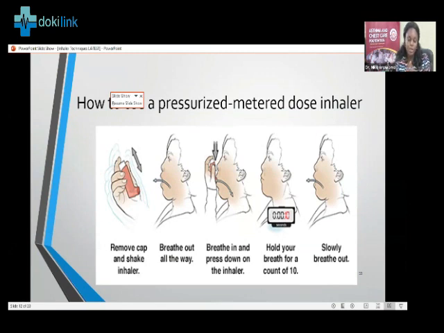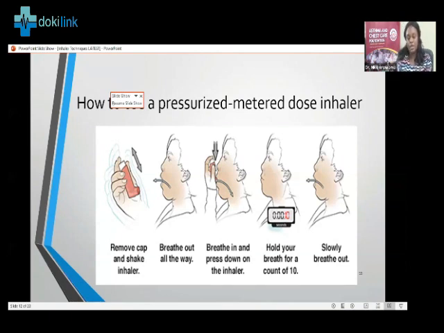Following that, the patient puts the mouthpiece between the teeth without biting it, and seals his or her lips around the mouthpiece. We ask the patient to continue to breathe in. Thereafter, the patient actuates the pressurized metered-dose inhaler while still continuing to breathe in till the lungs are full. After this, the patient removes the inhaler, holds his or her breath for about 10 seconds, and then exhales slowly.